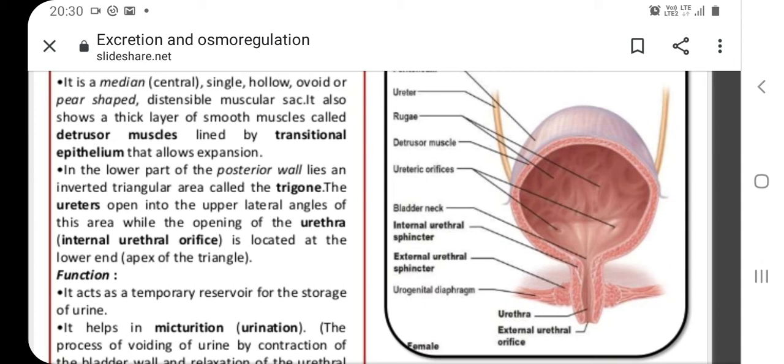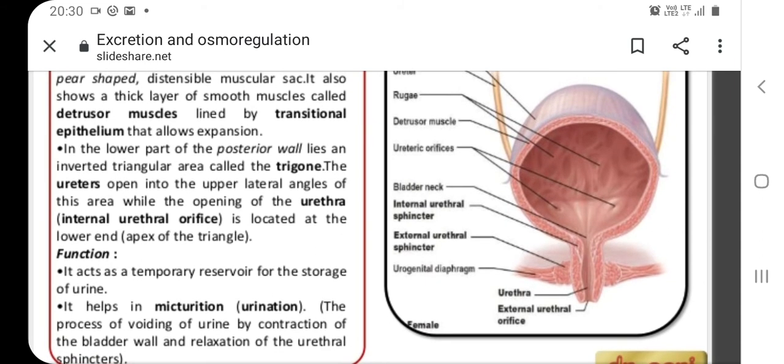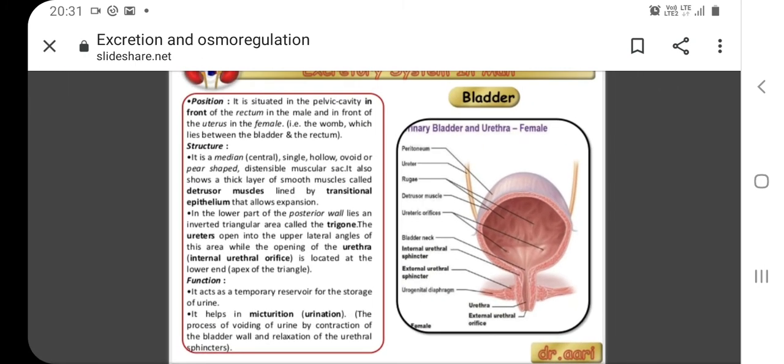It acts as a temporary reservoir for the storage of urine. It helps in micturition, meaning urination. The process of voiding of urine by contraction of the bladder wall and relaxation of the urethral sphincter is called micturition or urination.